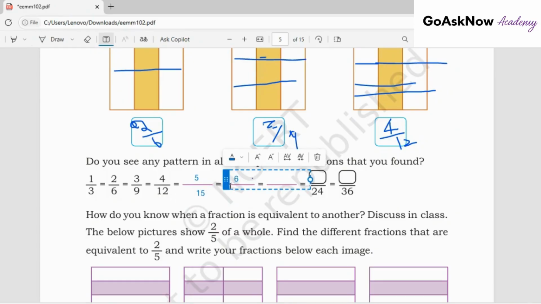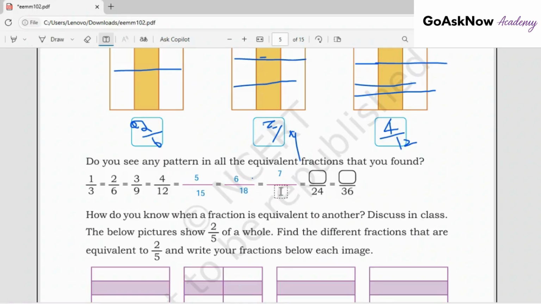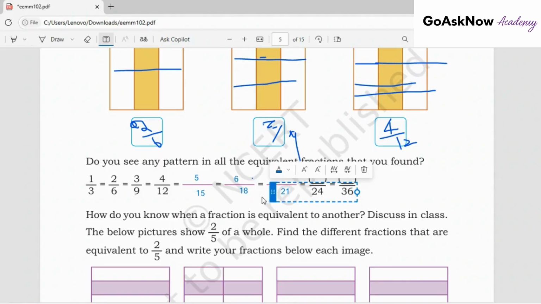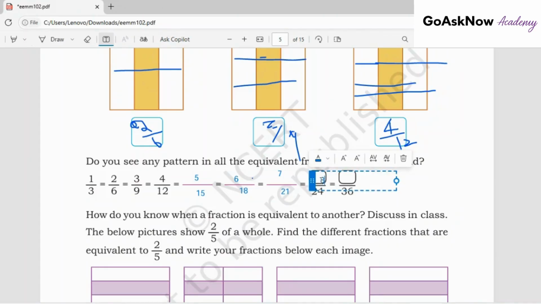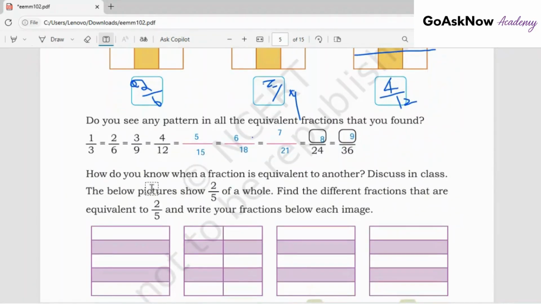Next 6, adding 3, which is 15 plus 3 is 18. Next 7, 21. Next 8 by 24. Next 9 by 36. How do you know when a fraction is equal to another?